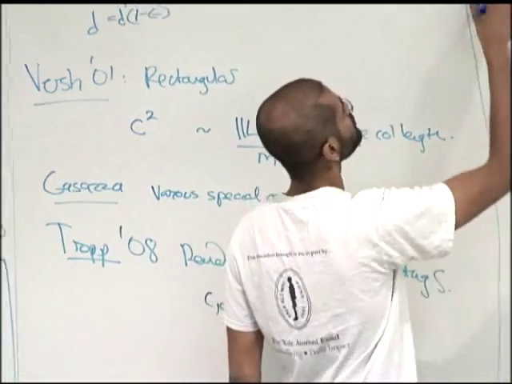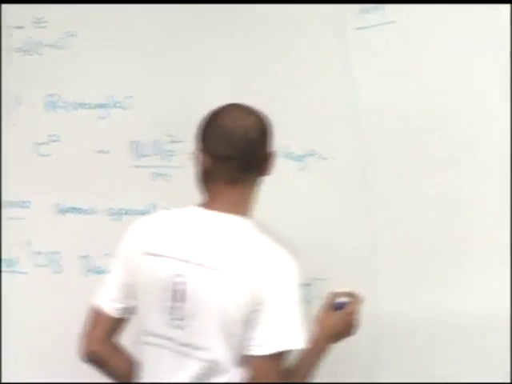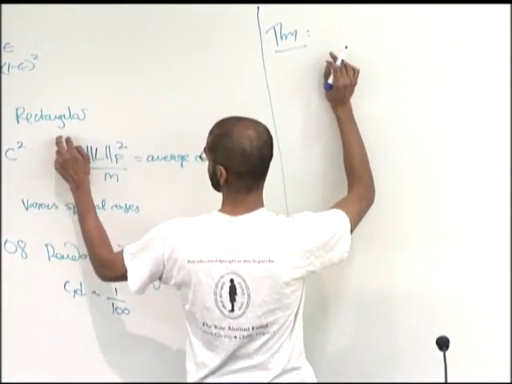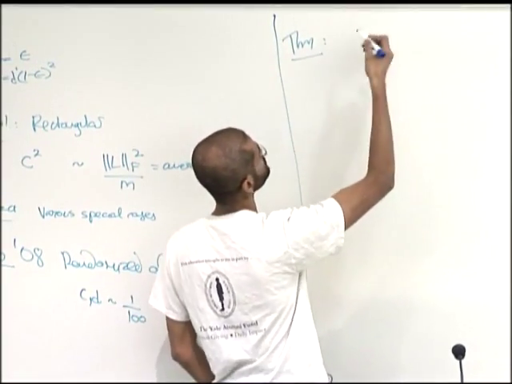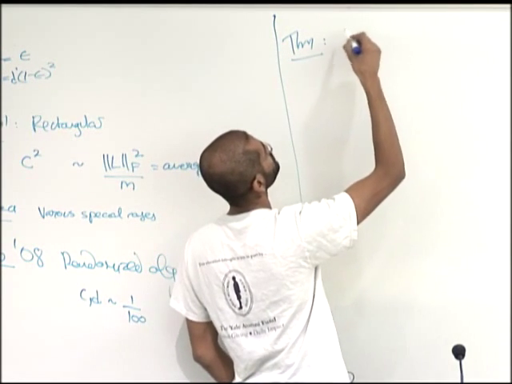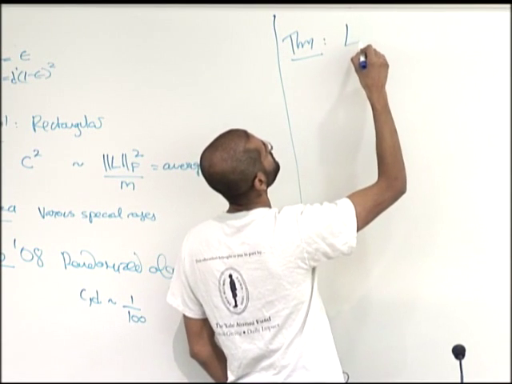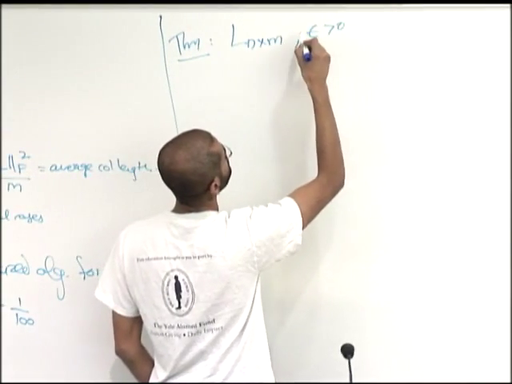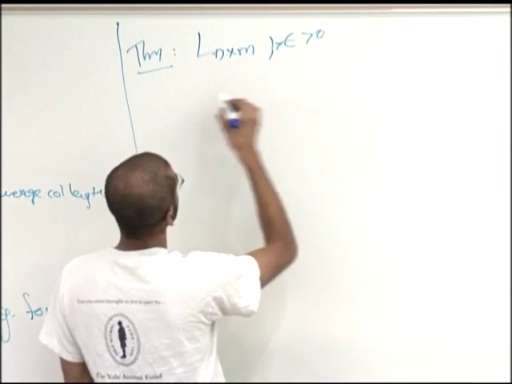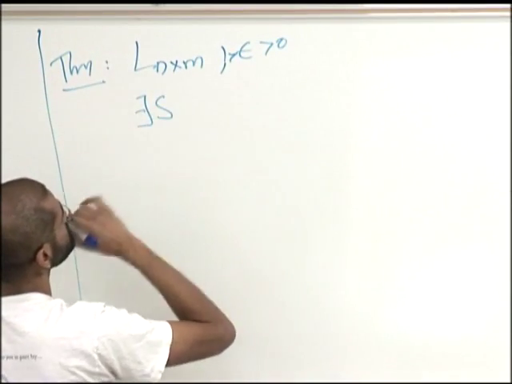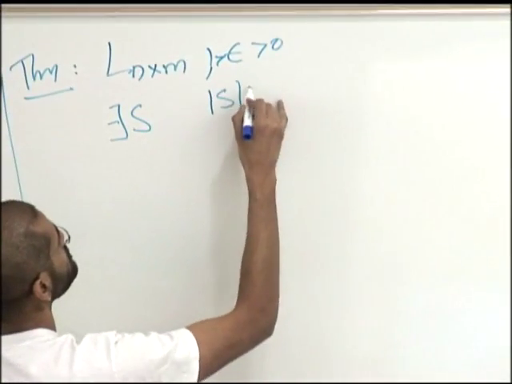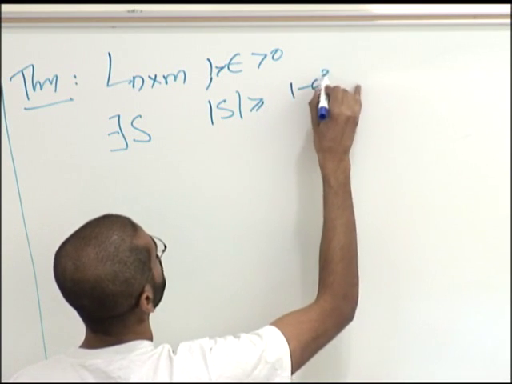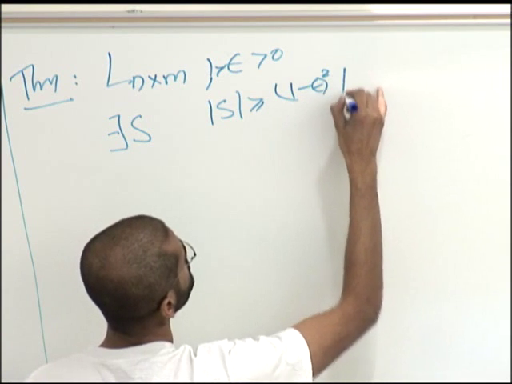So what we prove here is sort of this general case of Vershynin. So what we prove is the most general known version of this theorem, which is the following. Given L n by m and epsilon greater than 0, well, less than 1, there exists a subset S of size at least 1 minus epsilon squared times the stable rank.